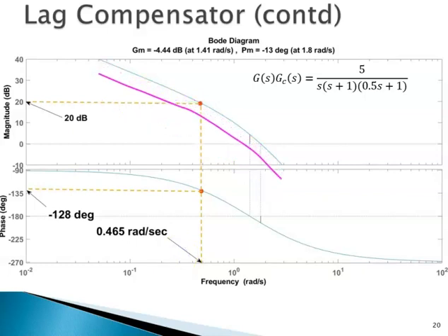Again, note that though I have shown the curve to be translating, actually the curve shapes in such a way that it starts here and gradually droops down and passes through 0 dB, because we want the gain at 0.465 radians per second to be 0, not the whole curve shifting down. If you want to shift the whole curve down, you need to change the gain.